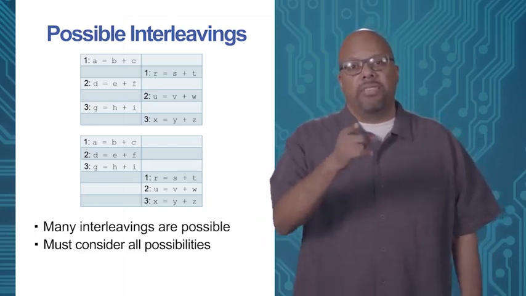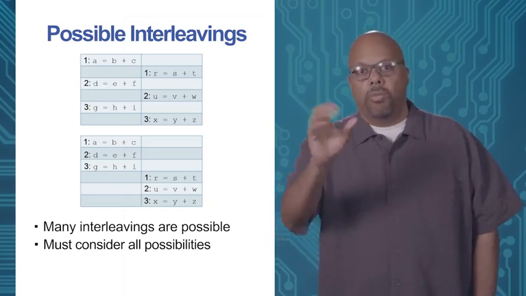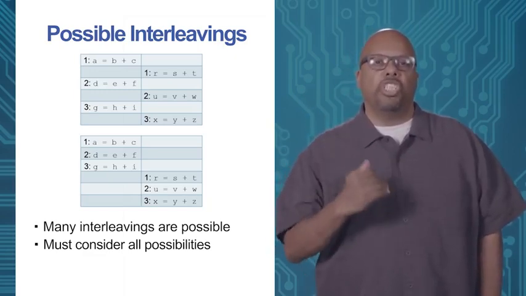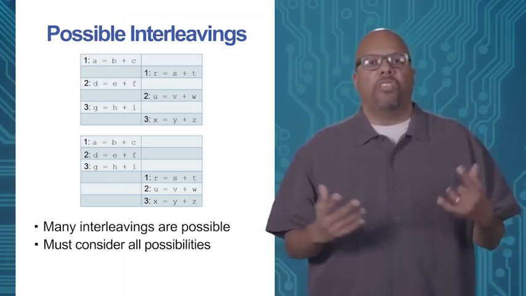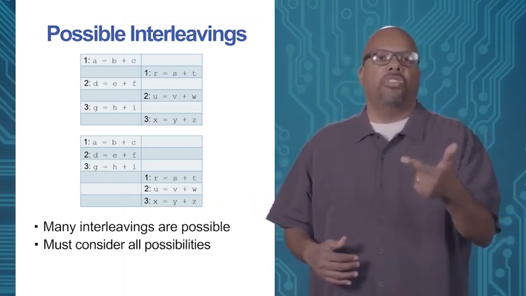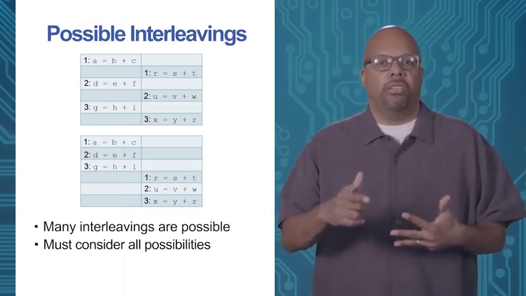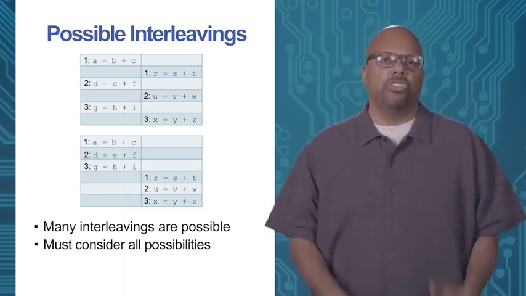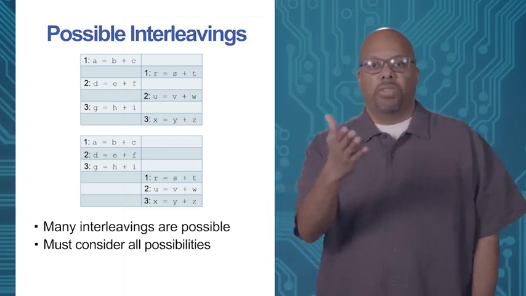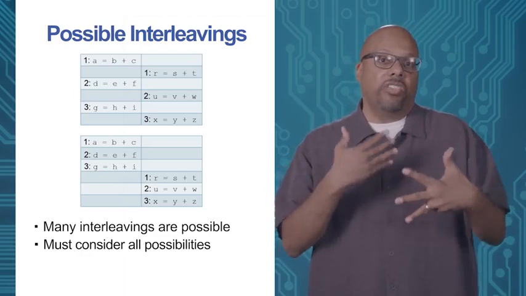What I mean by that is that first instruction, A equals B plus C, in Go maybe that's all it is. But if I were to look at the machine code for that, it might be 4 instructions long. I might do a load B from memory, load C from memory, add them together, and then do a store A, right? So it might be 4 machine code instructions long. And the same thing with each one of these instructions. So the interleaving is happening even at the machine code level.